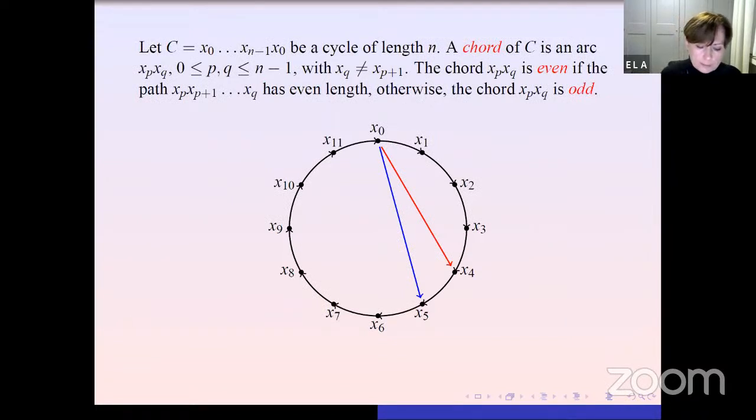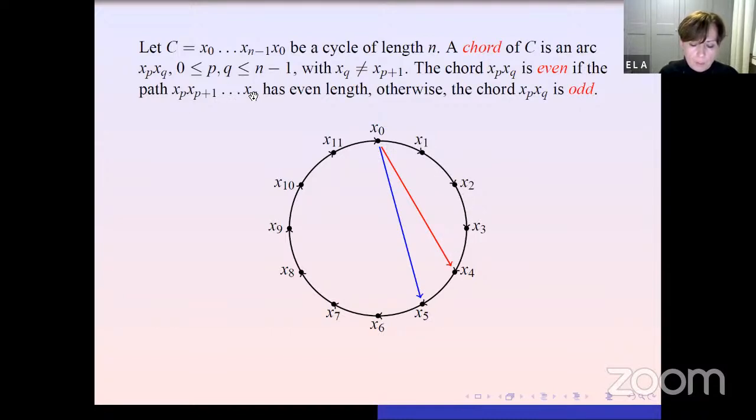So let this be a cycle on n vertices. Let's denote these vertices in this way. A chord of a cycle is an arc which joins 2 non-consecutive vertices of this cycle. And the chord is even if the path going through the cycle is even.